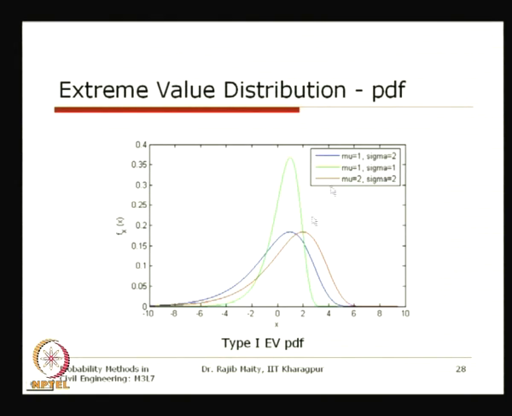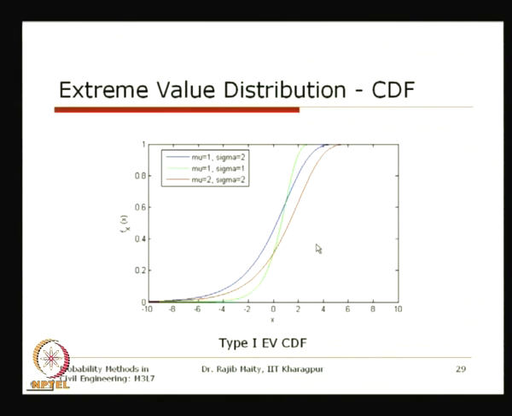Here the blue one is for mu equals 1, sigma equals 2. The green one is mu equals 1 and sigma equals 1, and the red one is mu equals 2 and sigma equals 2. Their CDFs look like this with the same set of parameters, blue, green and red.